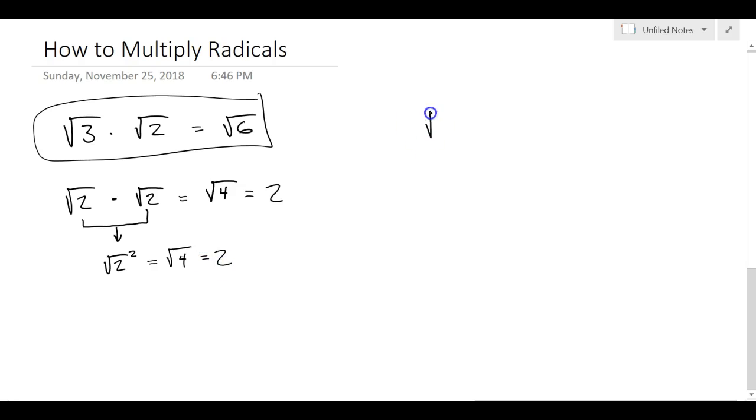What's happening here is that the radical and the squaring operation actually cancel one another out. These are inverse operations. When these two are put together, they cancel each other out, and all you are left with is what's inside the radicand. You're left with the radicand.